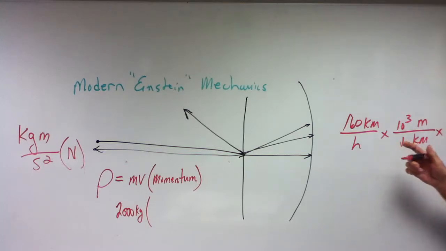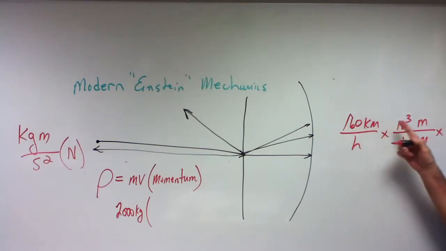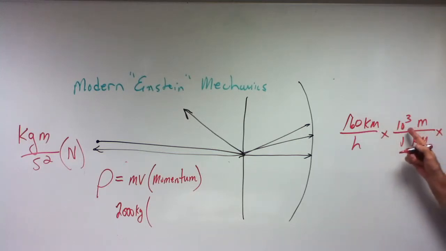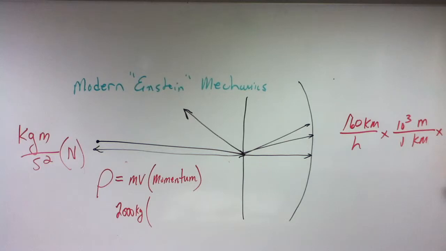So what does that equal? What is 160 times 1,000 divided by 3,600? Somebody give me that. 44.444. So can we just say 44? Is that all right? Yeah, it's okay. 44 meters per second? Is that okay? Yeah. Yes? Remember that? Okay.